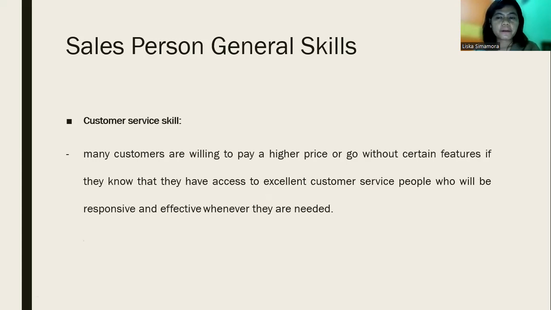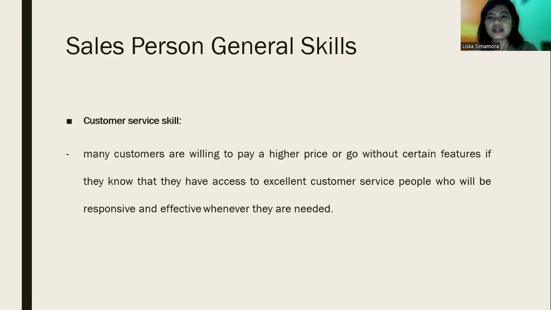Many customers are willing to pay a higher price, right? Or go without certain features if they know that they have access to excellent customer service people who will be responsive and effective whenever they are needed.